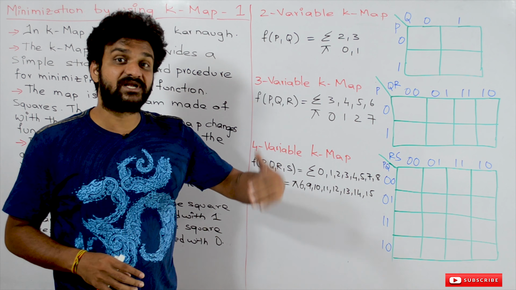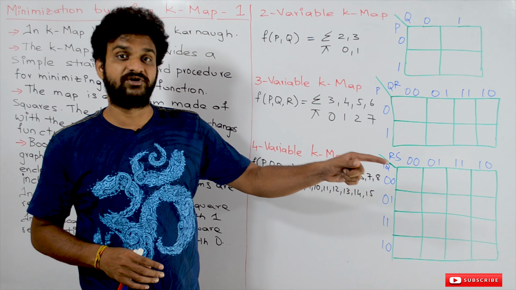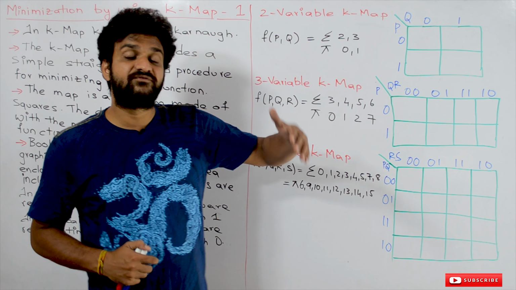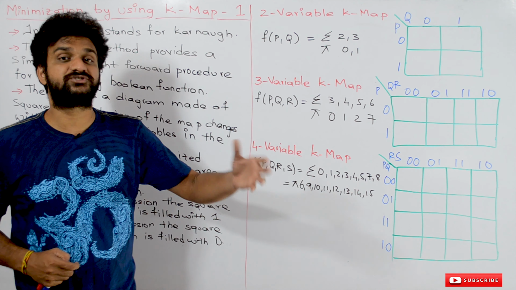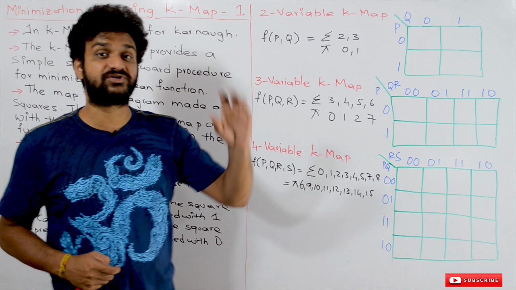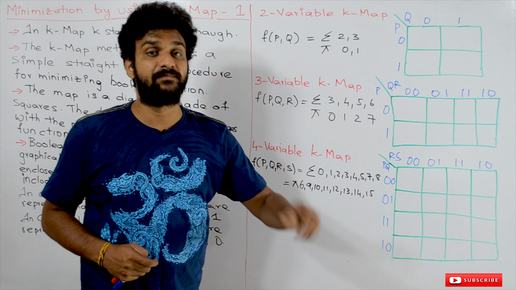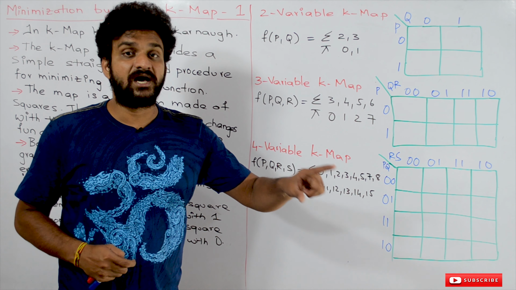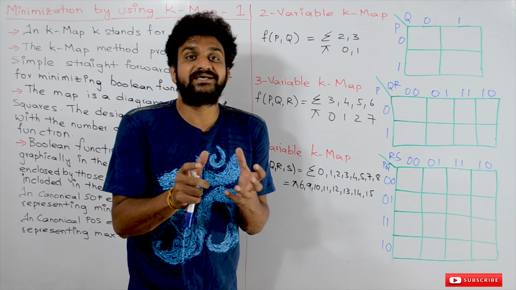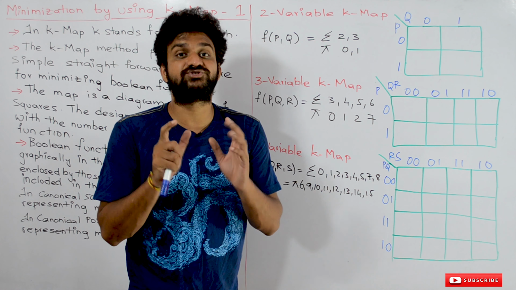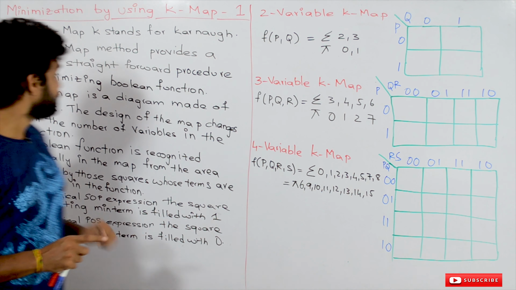This concept has been clearly explained in our previous video with an example. Please watch that video. With that disadvantage, we may not be able to get the unique minimized solution for the given Boolean function. But in the K-map method of minimization, we are going to get a unique minimized solution. That is the advantage of K-maps.